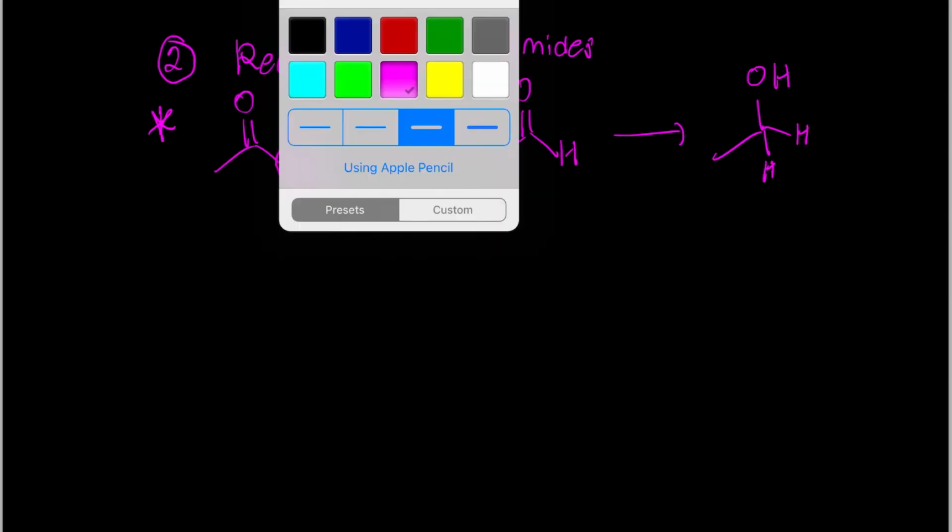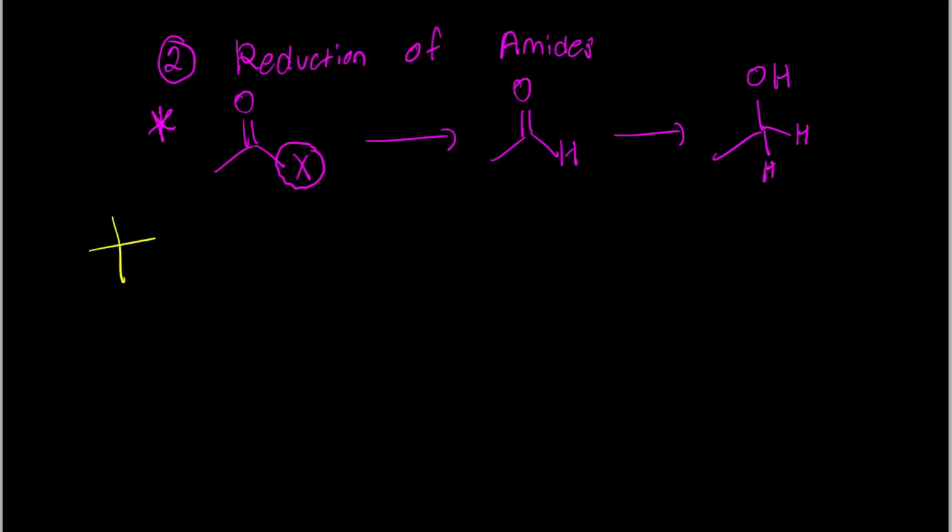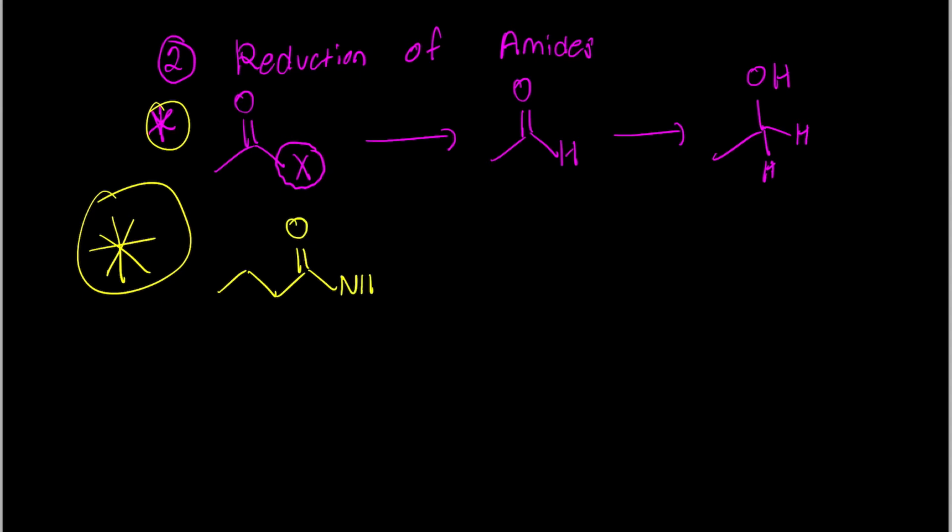Now, in the case of amides, it's very different. So let's make this asterisk even bigger. Watch out for this. If you have an amide, and you treat this with lithium aluminum hydride, which is always in excess, you don't form a primary alcohol, you form an amine.